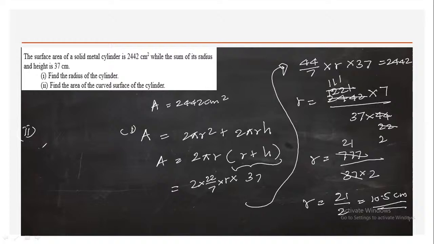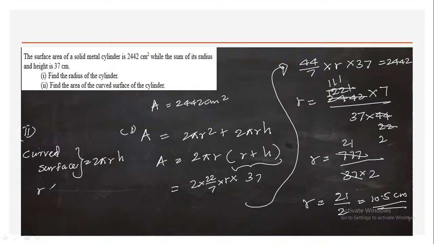In a cylinder, the curved part we can find by using the formula 2 pi r, right? Then curved surface is 2 pi r h. Now you already know the radius, but you have to find the h.